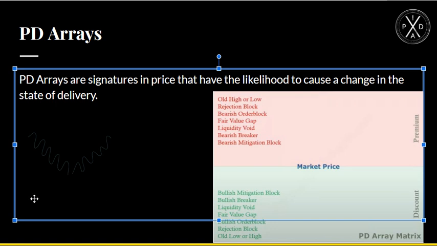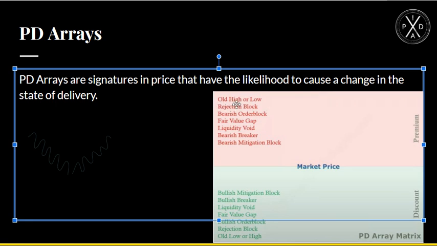So the areas where price changes its state of delivery are called the PD arrays. And as I mentioned earlier, price isn't random, so it needs to go to these logical levels before it can reverse. And actually, if we're being specific, the PD arrays are the only places where price will actually reverse like this. So what are the PD arrays?